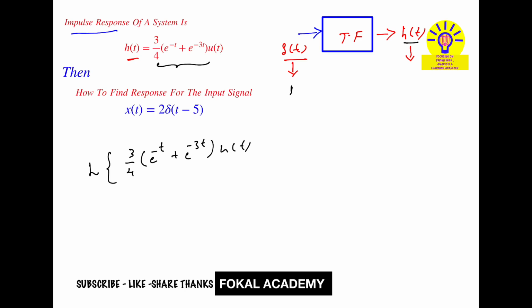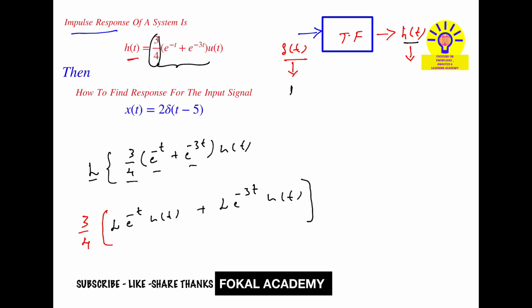Bring 3 by 4 outside as a constant, so it becomes 3 by 4 into the Laplace transform, applied to each term: e power minus t u of t plus the Laplace transform of e power minus 3t u of t.